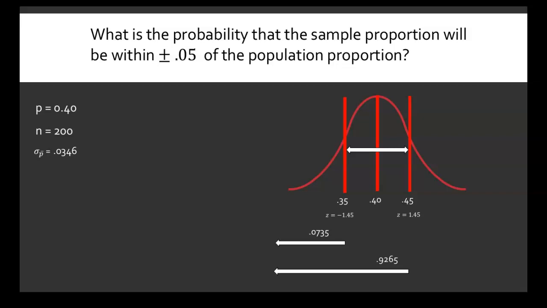Again, we're looking for the area between these 2 points on our bell curve. So what we need to do is subtract our 2 areas. So 0.9265 minus 0.0735 ends up giving us an answer of 0.8530.